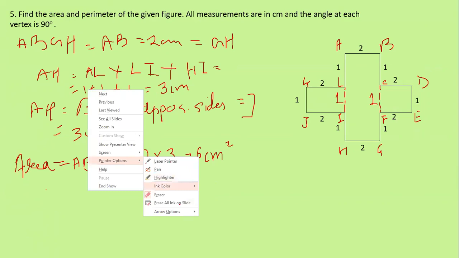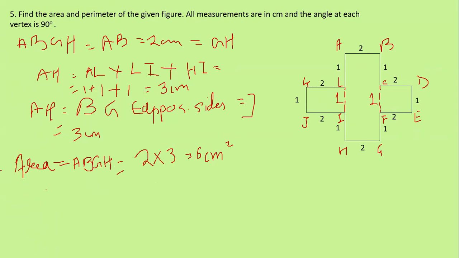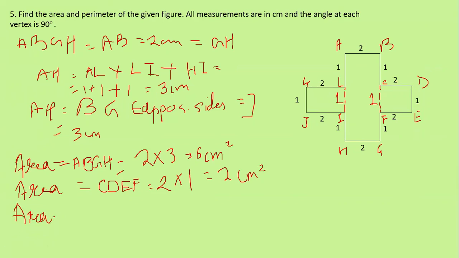Now let's talk about CDEF, area of CDEF, this is equals to how much? 1 and 2, right? So it will be 2 into 1, which will be 2 centimeter square. What about the area of KLIJ?